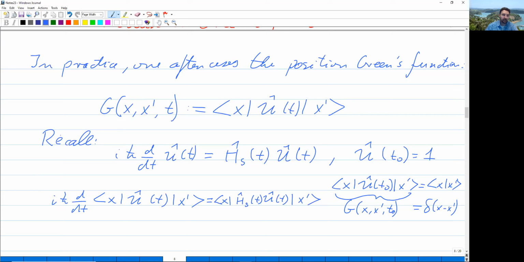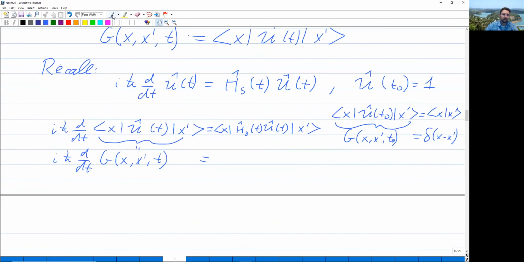Now, on the left-hand side, we recognize immediately what we have here. We have i h bar d by dt of the Green's function, G of x and x prime and t, because this is literally what it is by definition, right? But on the right-hand side, we don't quite see a Green's function in this yet, but almost. We're almost there.